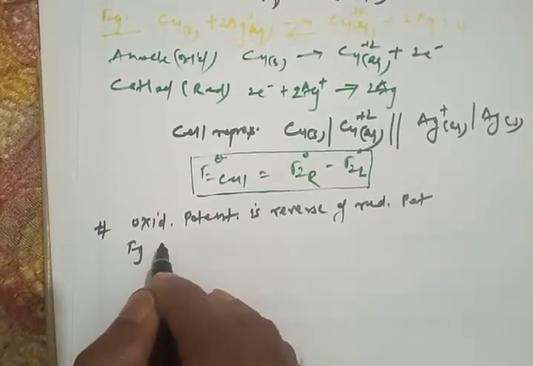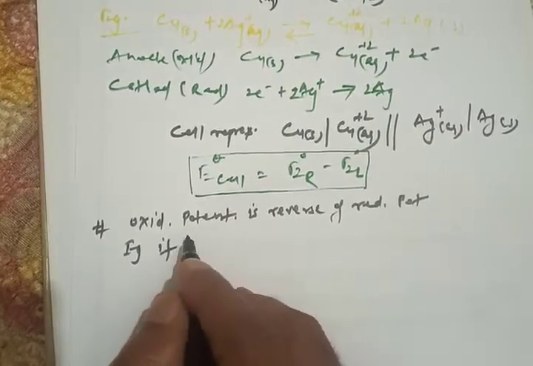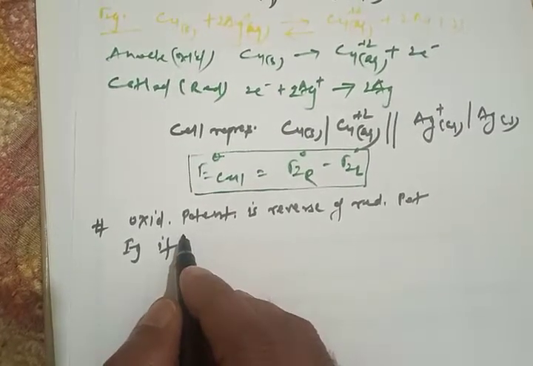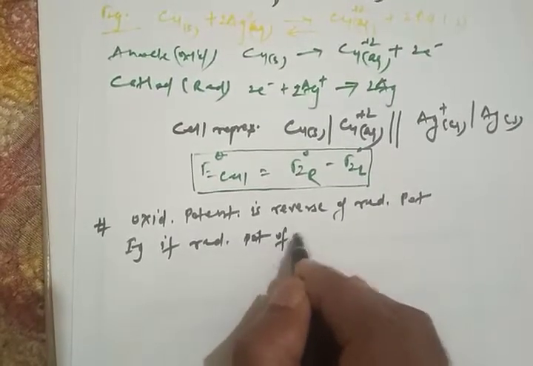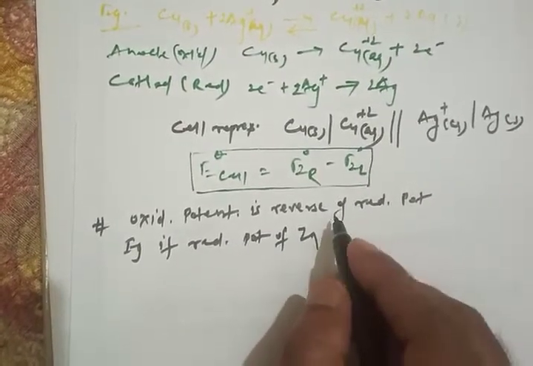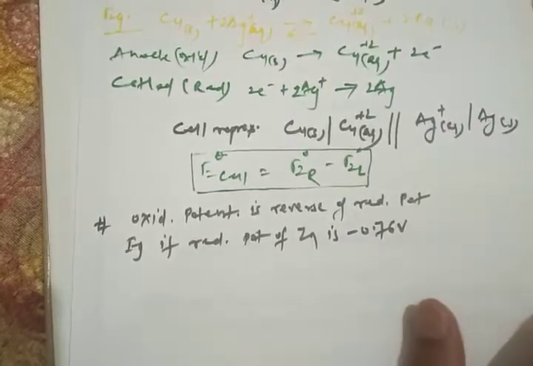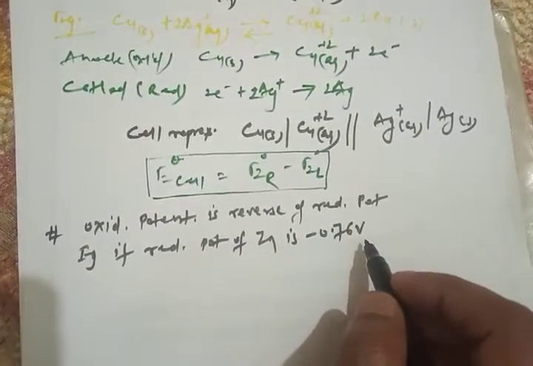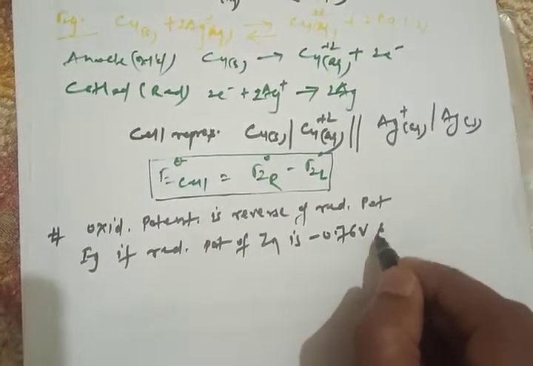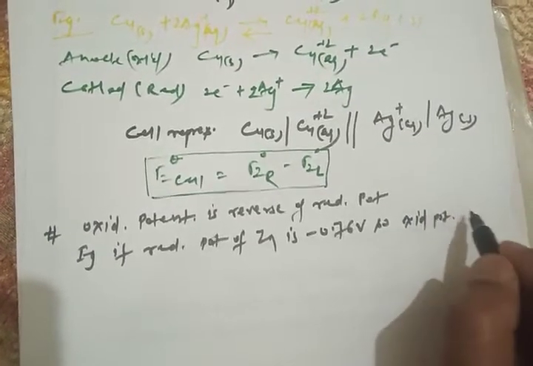Example, if the reduction potential of zinc is negative 0.76 volt, then the oxidation potential will be what?